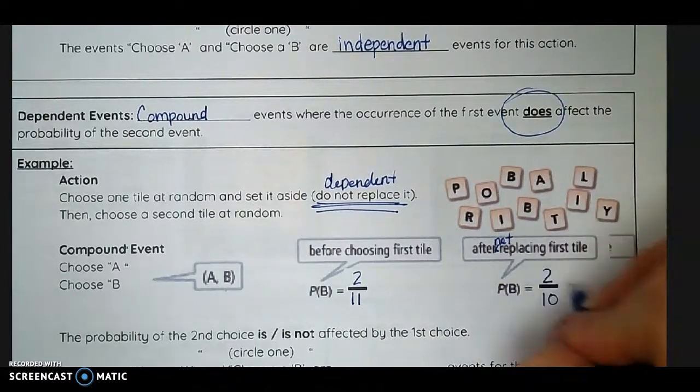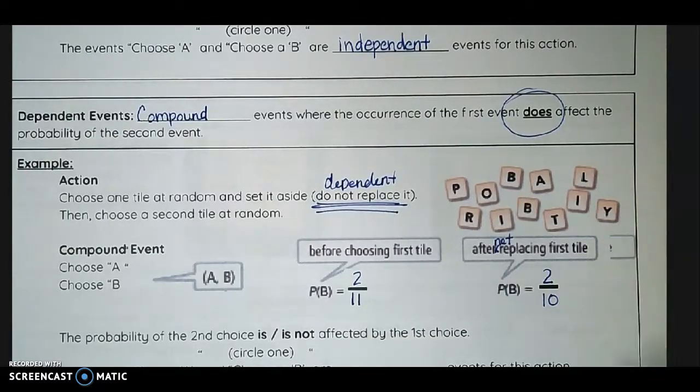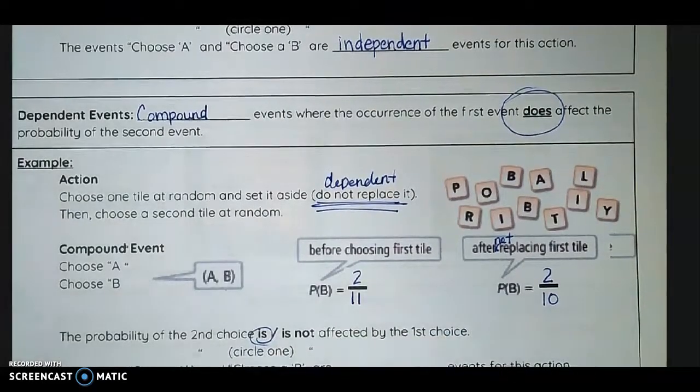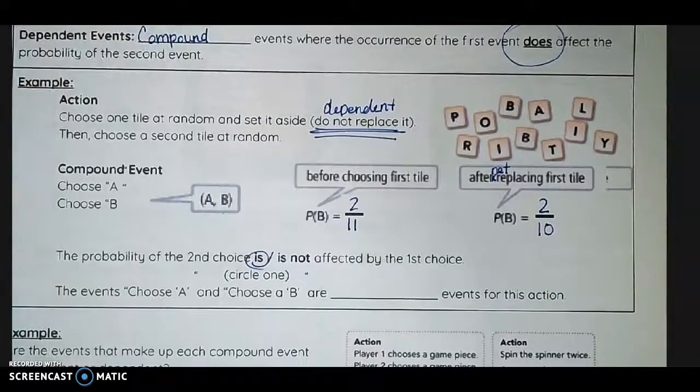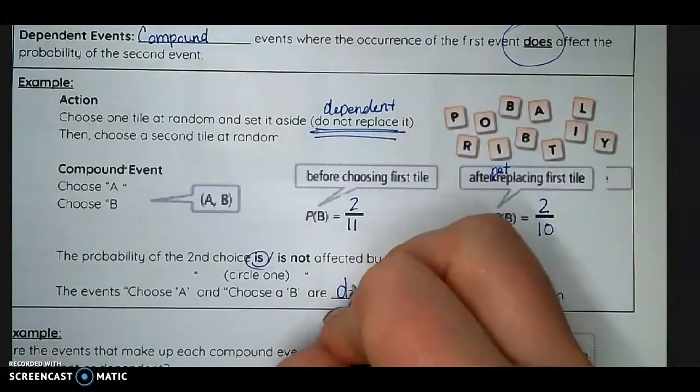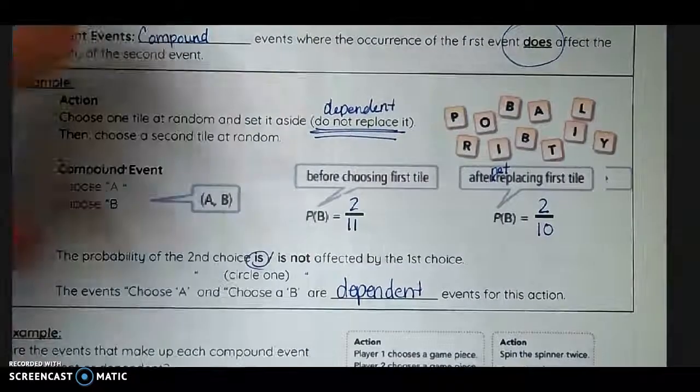So then my probability goes up to 2 out of 10. Now I have a greater chance of picking the B, because there are fewer tiles to pick from. So the second choice is affected by the first choice, and this is a dependent event because one event depends on the other.